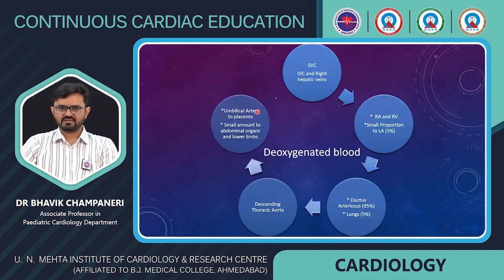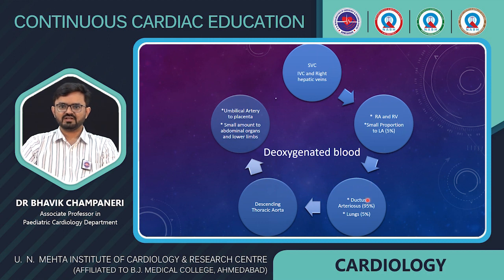This is the next slide showing the circulation of deoxygenated blood. As you can see, deoxygenated blood or blood with low oxygen content from SVC and IVC and right sided hepatic veins enters into right atrium and right ventricle, and very small amount only enters into left atrium.